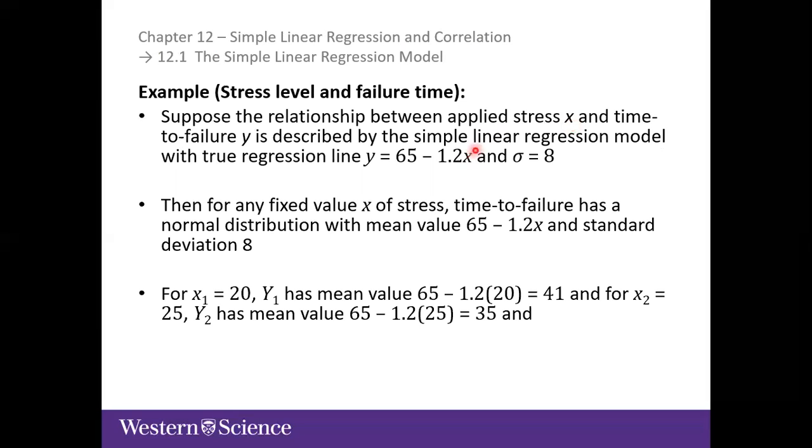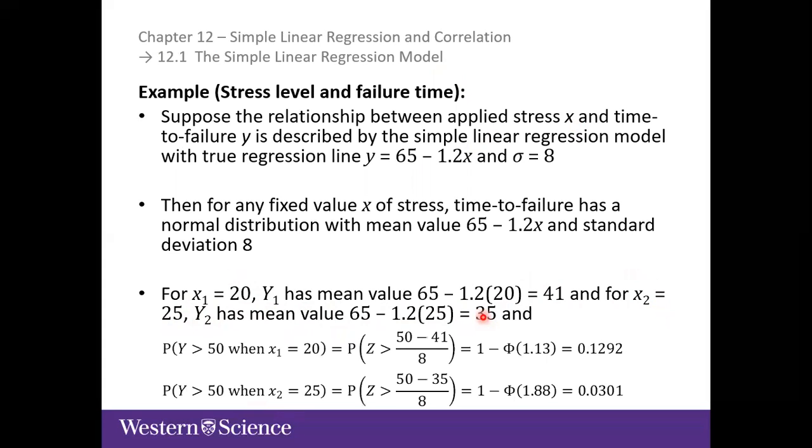So for example, when x1 takes the value of 20, then the mean value of y can be calculated as 41, and when x2 is 5 units larger, say 25, the mean value of y2 is calculated as 35.